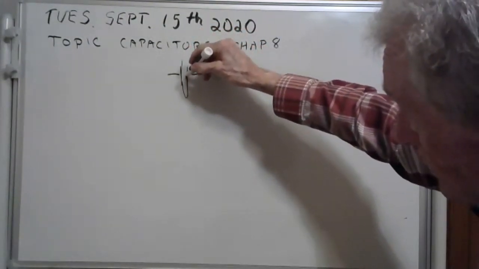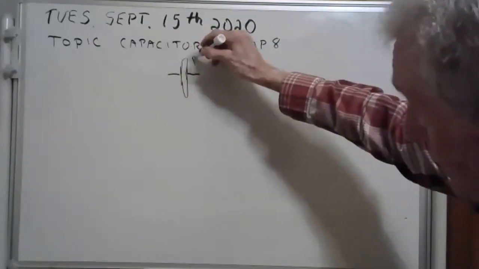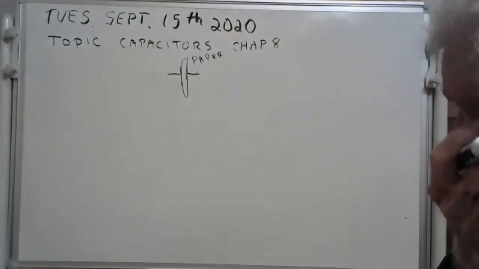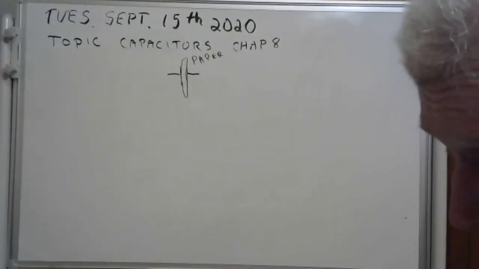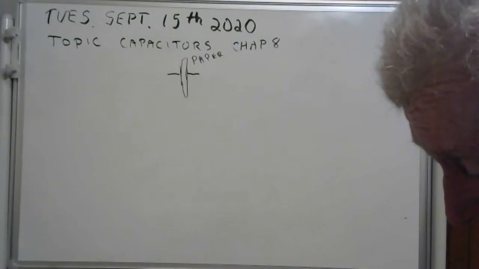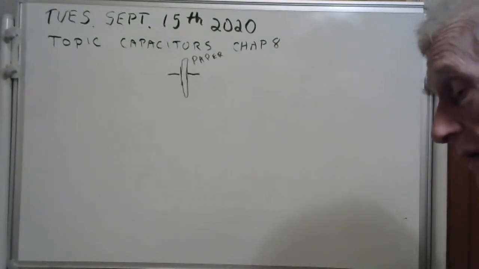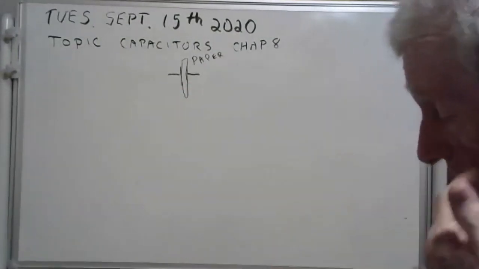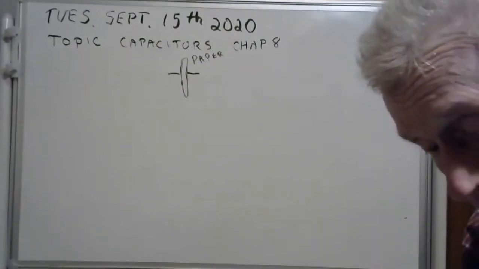I filled this space with paper. And the paper serves a couple of functions. For one thing, it keeps the metal plates from touching each other. We don't want them to touch because then you'll have a short.